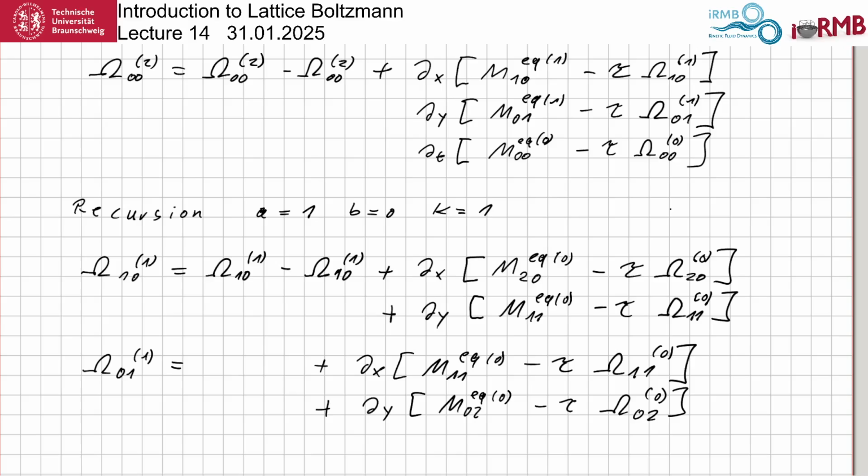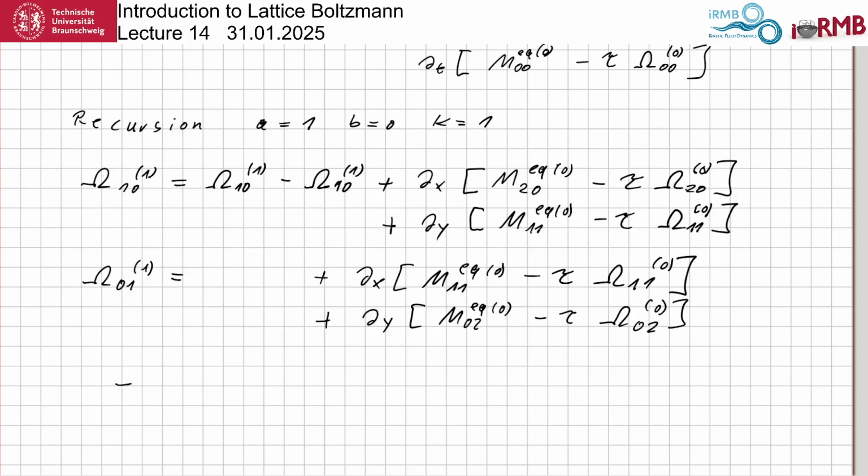And of course you've already understood that these omegas to zero order, you can plug them all in. They always give you the same thing. So to zero order they are all 0.